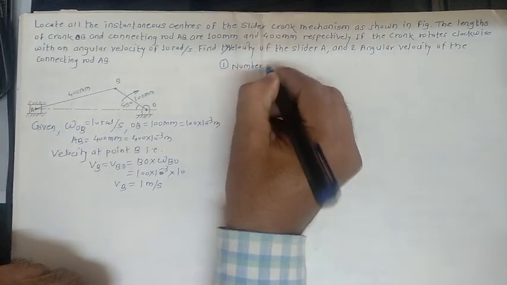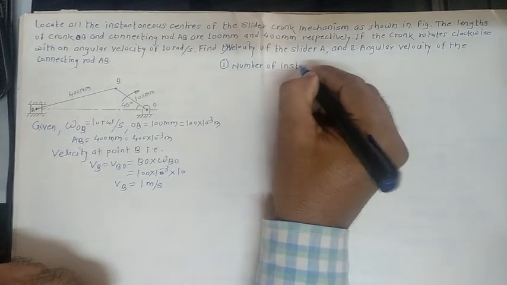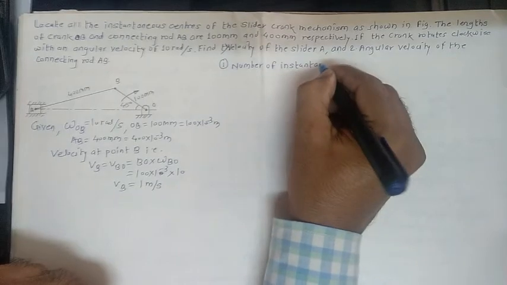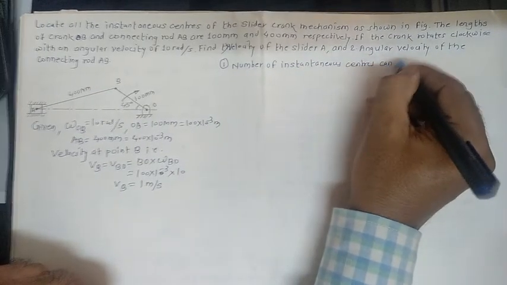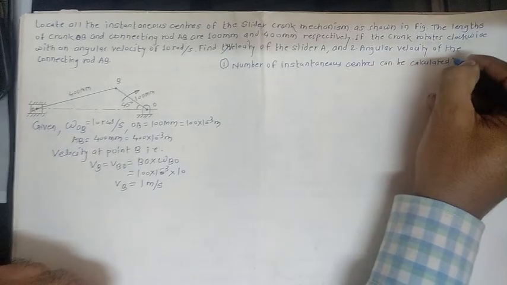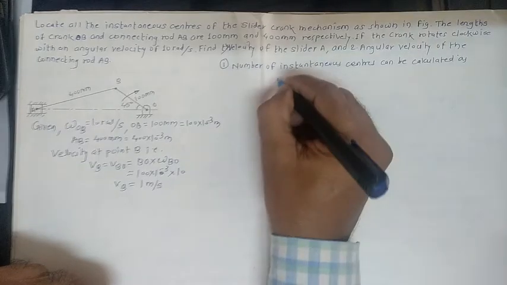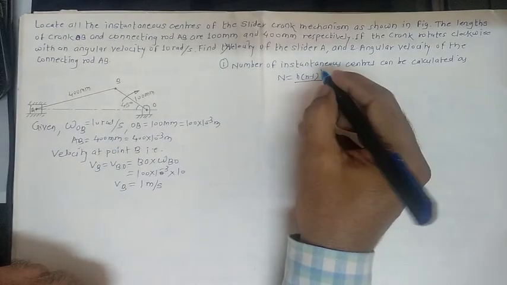The number of instantaneous centers can be calculated as N equals n into n minus 1 divided by 2.